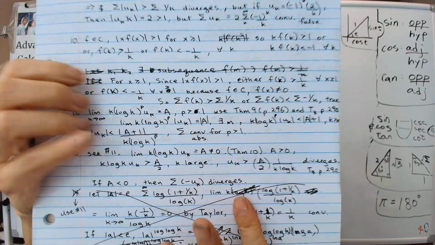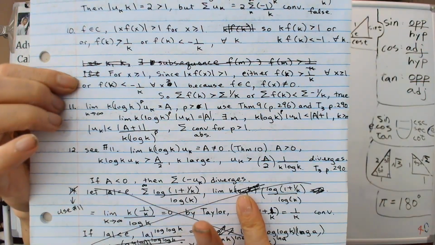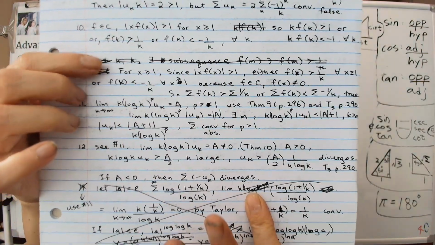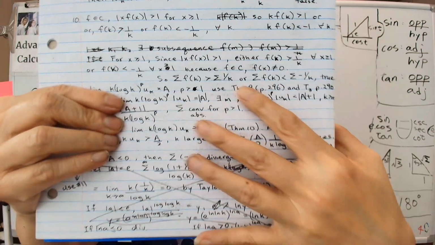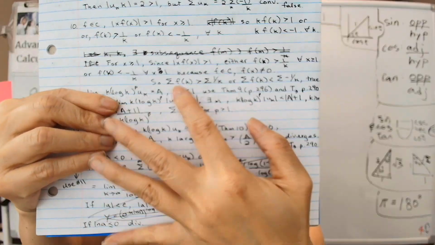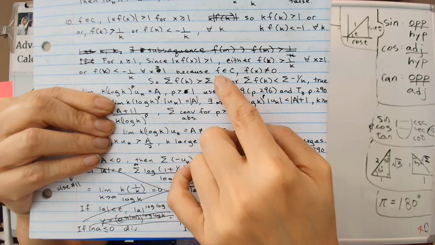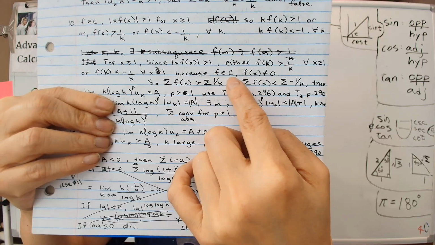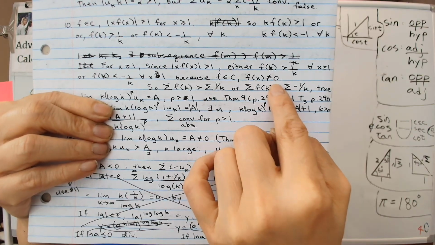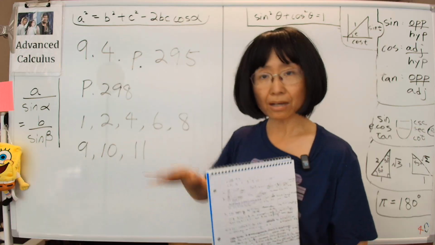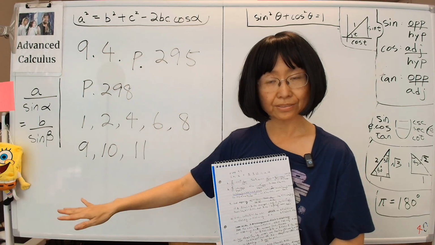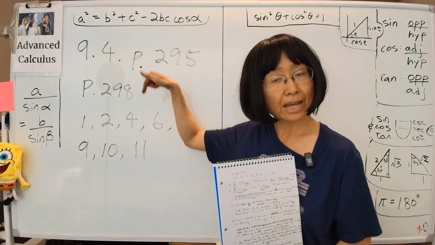Now, if that is the case, then we have this. However, there's one important point: f is continuous, so f cannot be 0. That is, f has to stay either on the positive side or on the negative side. It cannot cross the x-axis.